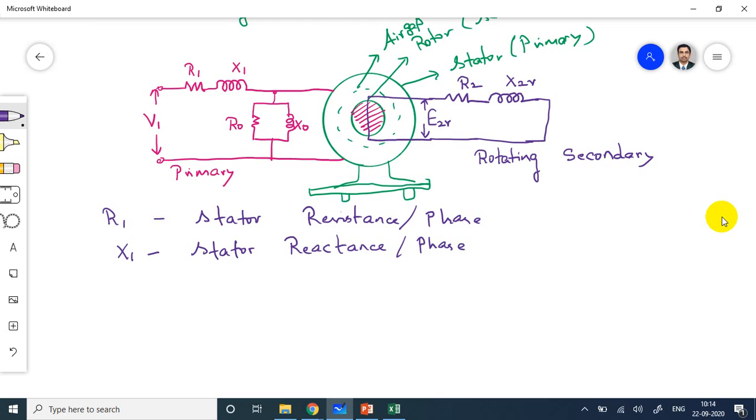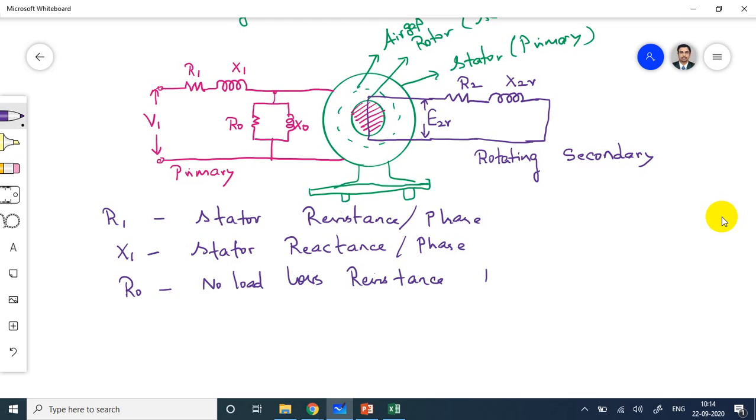R naught represents the no load loss resistance.